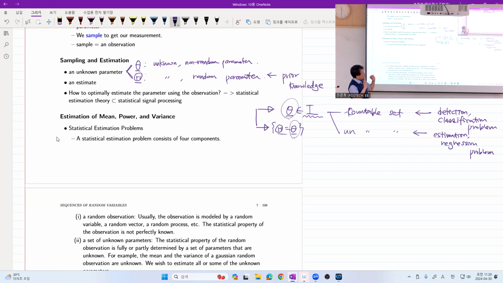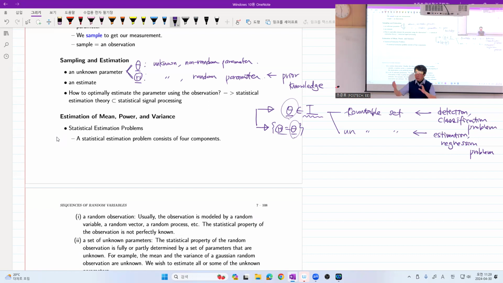Okay, so you can divide the problem into four: random or non-random parameter to be estimated, and the parameter is from what? A countable set or an uncountable set. Got it? For example, in data communication, usually we assume that our information bits are random, 0 or 1 with equal probability.